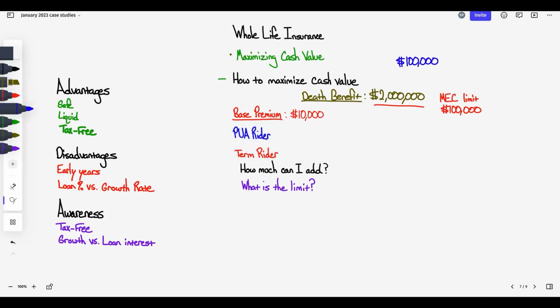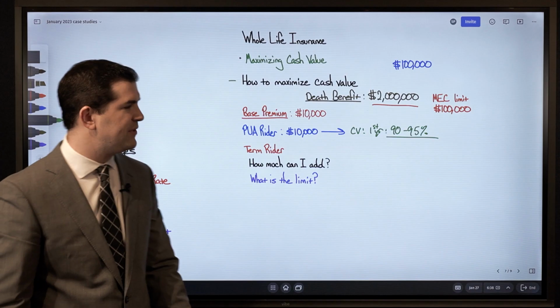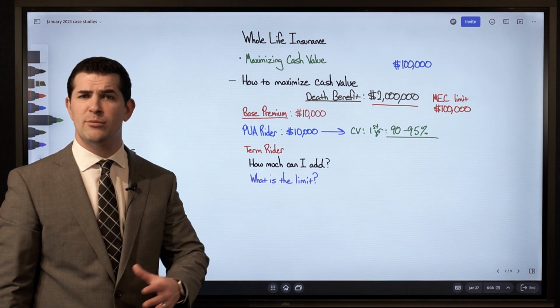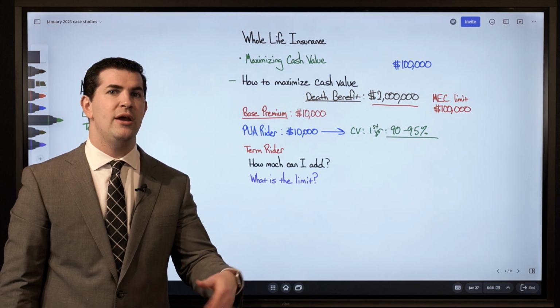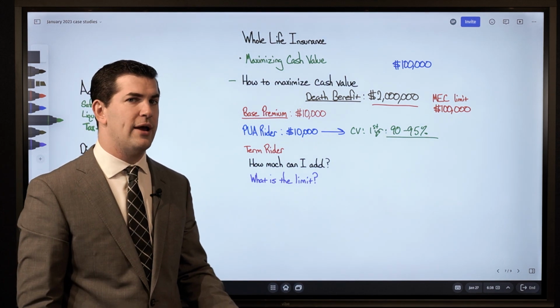So if you were to pay in $10,000 toward your PUA rider, with respect to cash value, guess what you'll see? In the first year, you're going to see somewhere between 90 to 95% of that. This again depends on the company and product. But what that means is you've paid in $10,000 and you see somewhere between $9,000 and $9,500 in immediate cash value that does accelerate the long-term growth as well.